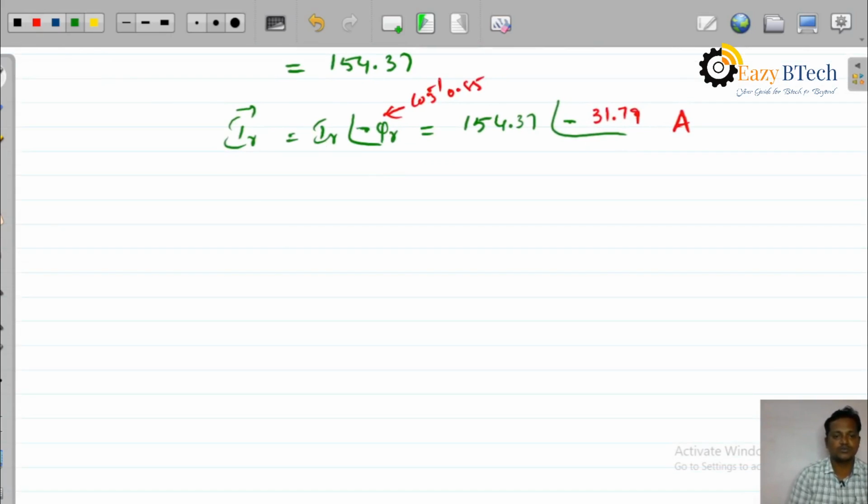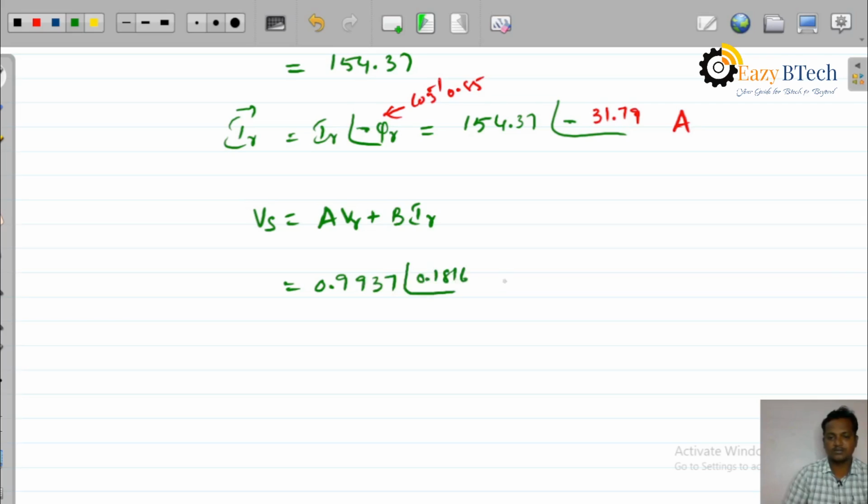Vs equals AVR plus BIR. A value is 0.9937 at an angle 0.1816. VR value is 76210 at an angle 0, plus B value is 44.72 at an angle 63.43.